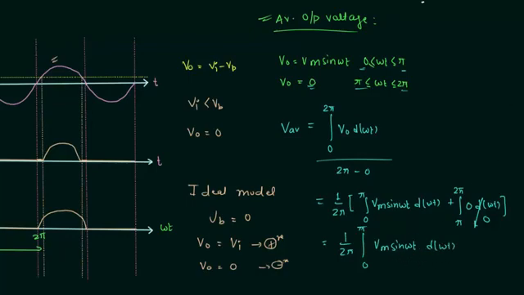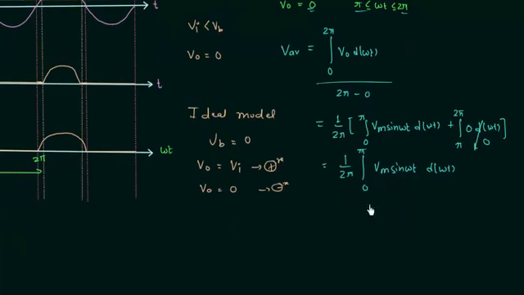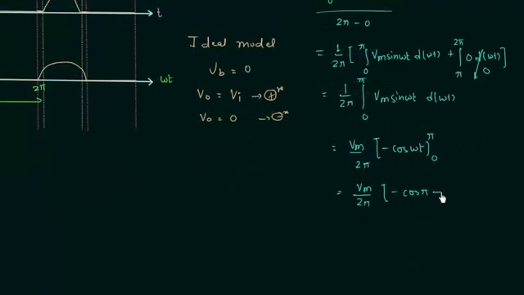Vm is constant, so we have to integrate sine omega t. Vm divided by 2 pi, and integration of sine omega t is minus of cos omega t. Lower limit is 0 and upper limit is pi. So finally we have Vm divided by 2 pi inside the bracket minus of cos pi, the upper limit, minus of cos 0.